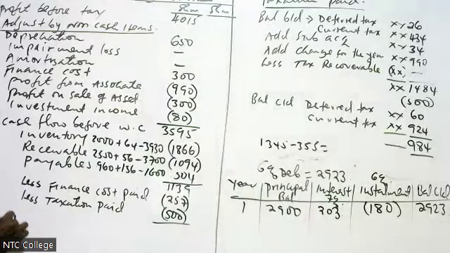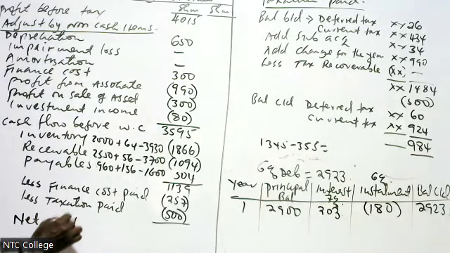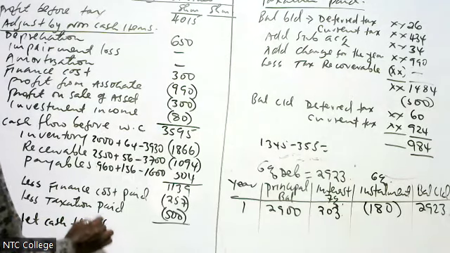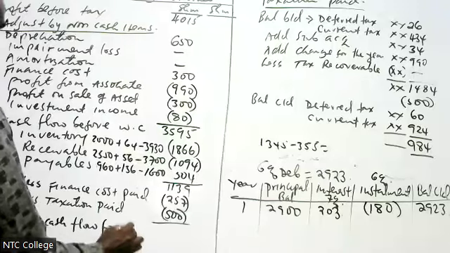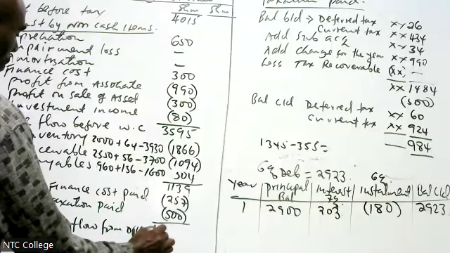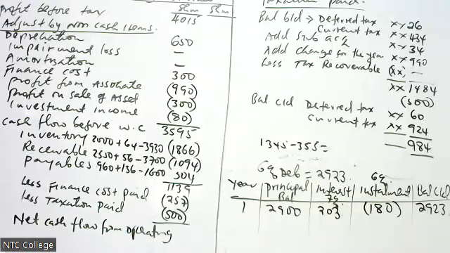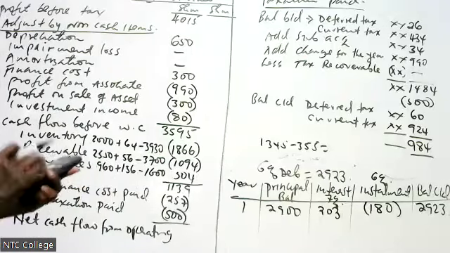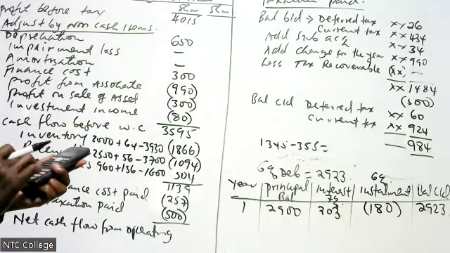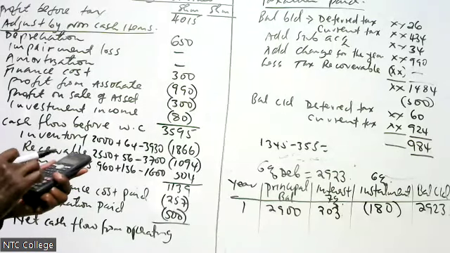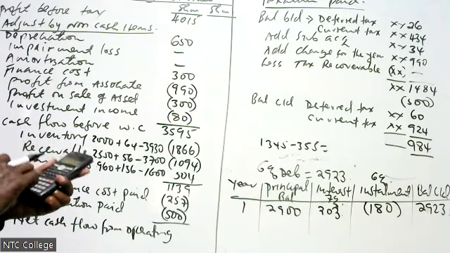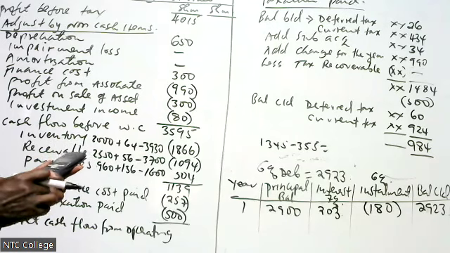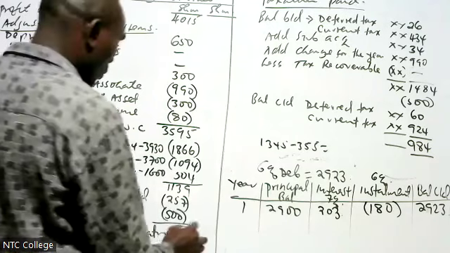Then we get next. From operating net, we get net 1139 minus 257 minus 500, 382.